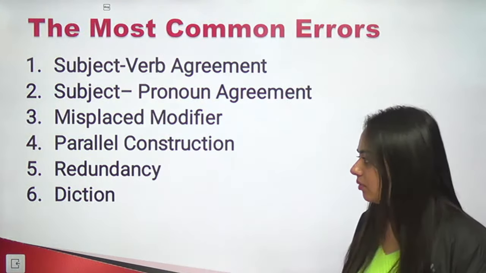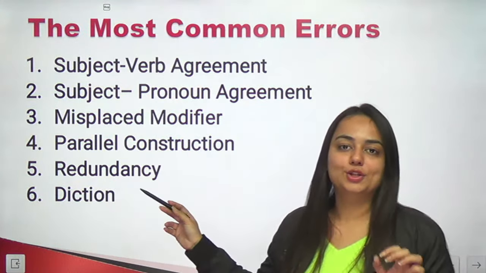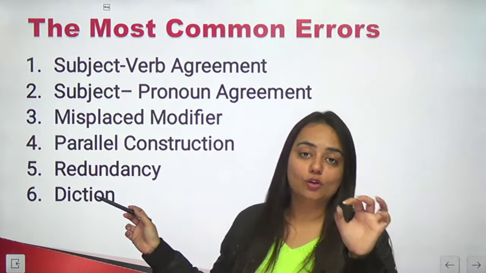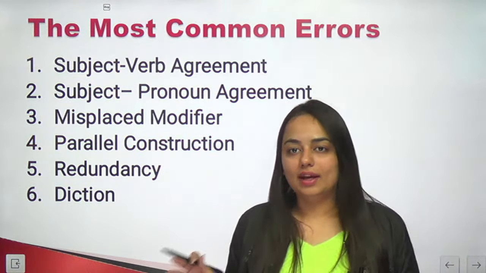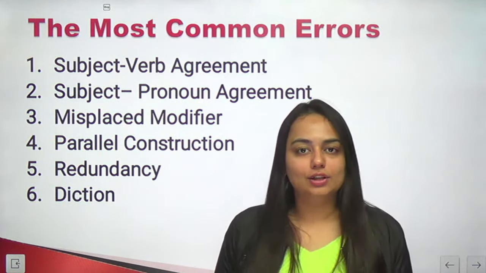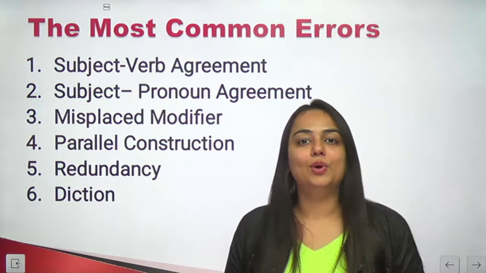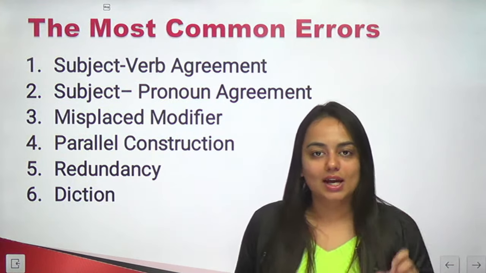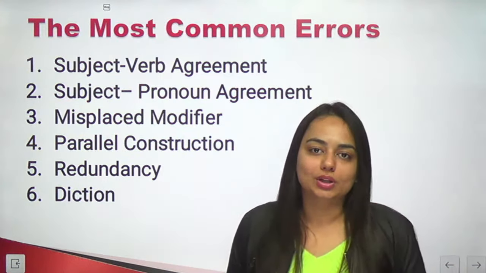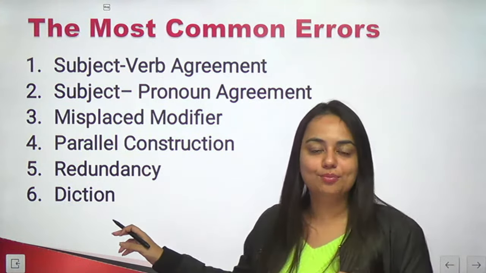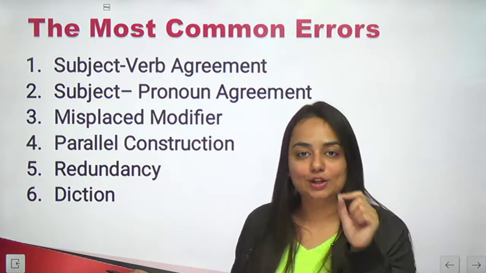Right? Then the major problem that we all face. So often we are able to identify what kind of grammatical unit can come here, but then we fail to identify the meaning of the words and the contextual usage of the words. So yes, you have to have a keen eye for the diction also.